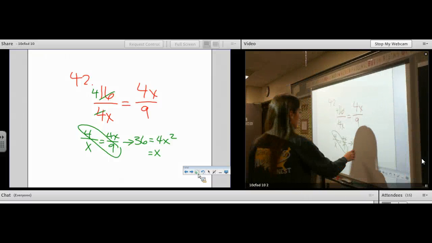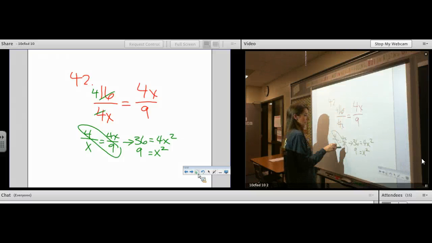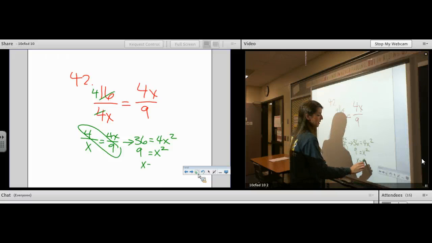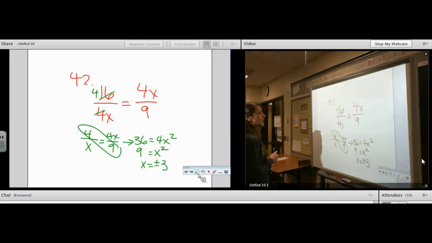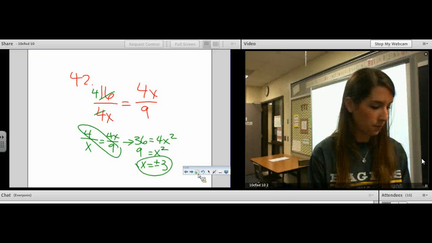We love when it's perfect squares. And we kind of already did that. 9 times 4, we're just undoing it. And so x is equal to plus or minus 3. And yeah, they should both work. There might be a better way to do that one, but I just went straight to cross multiplying.